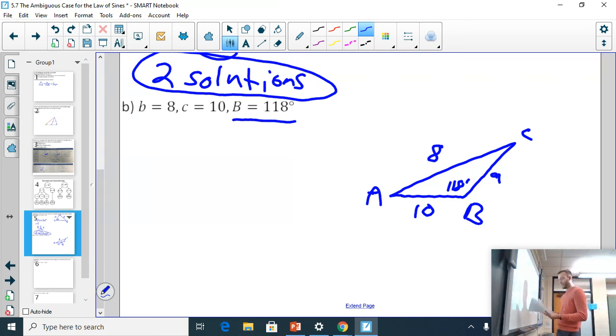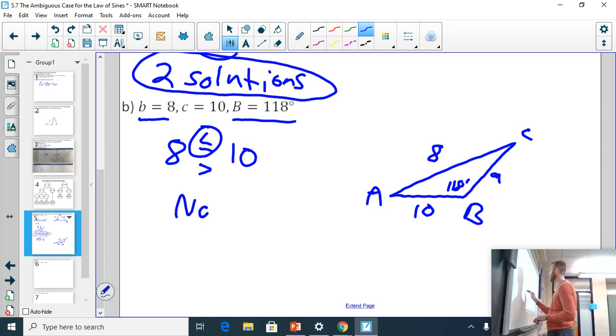We're matching this with that. So it's asking, is 8 less than, equal to, or greater than c, which is 10? It turns out it's less than. And so it turns out we have no solution.